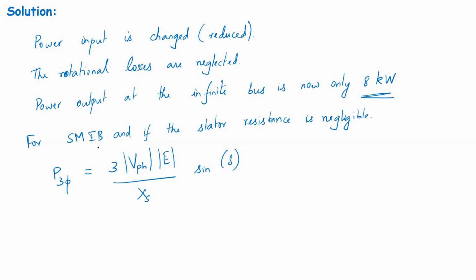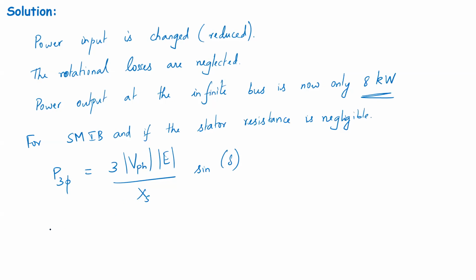We have derived in lecture this expression for three-phase power: P three phase is equal to 3 times V phase E divided by XS sine delta. Now substituting the values of V phase, which is nothing but the load voltage.